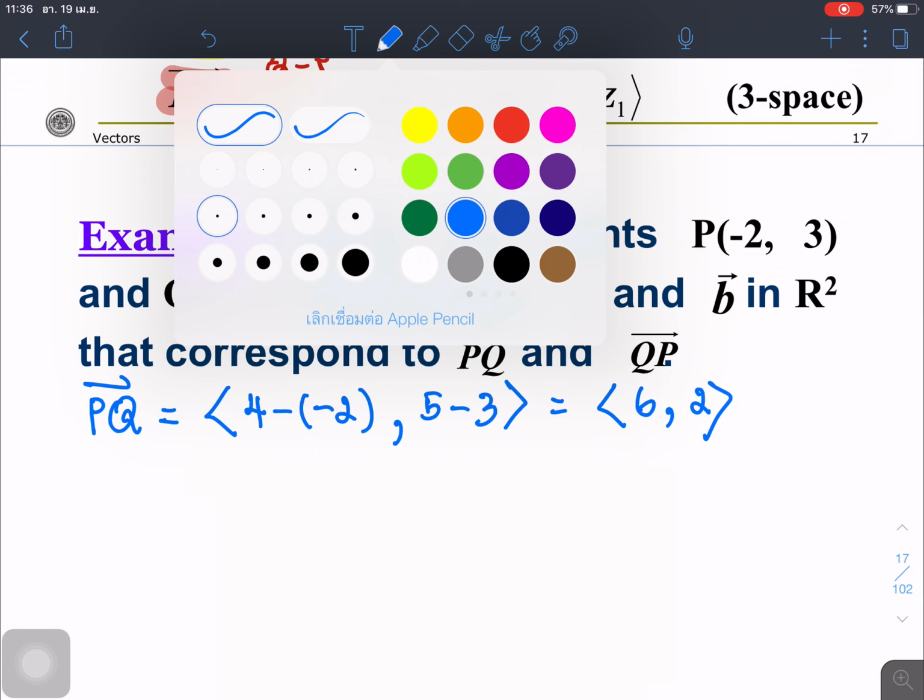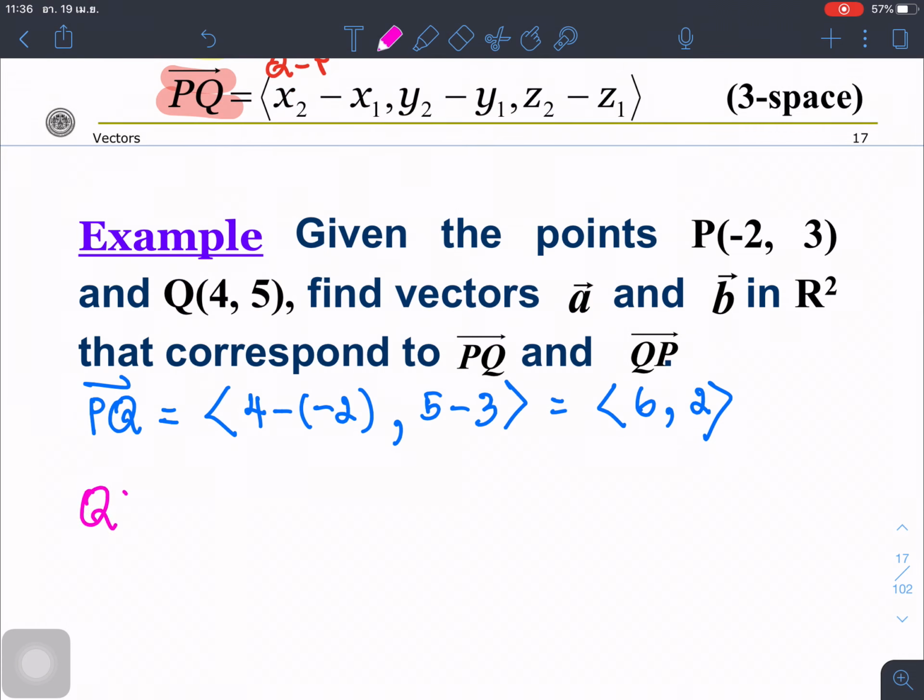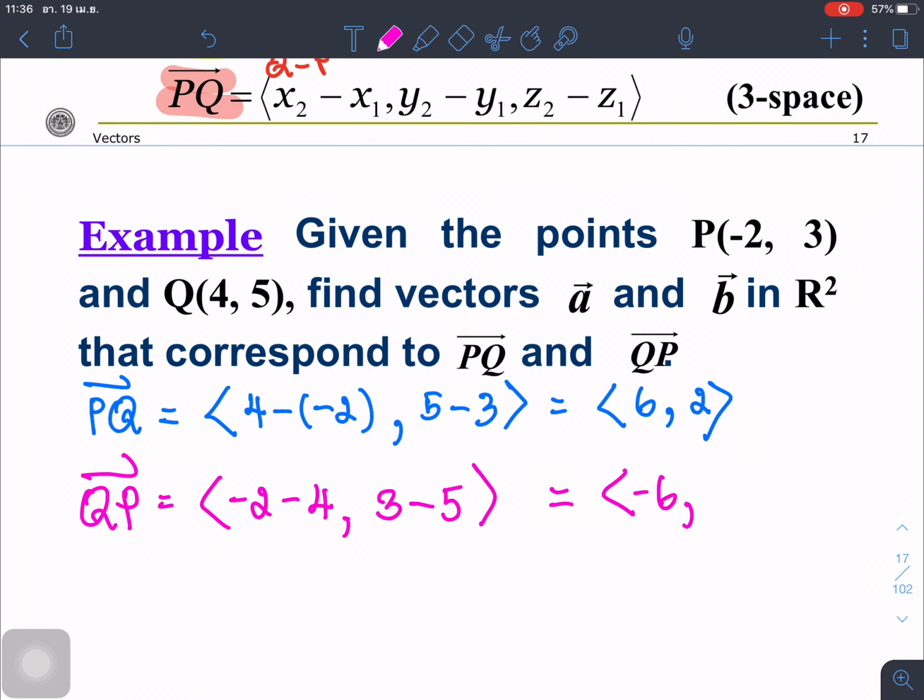Next one, I want to find QP. So you do P minus Q. So it's gonna be -2 minus 4, and then 3 minus 5. Okay, so you get -6 and -2.